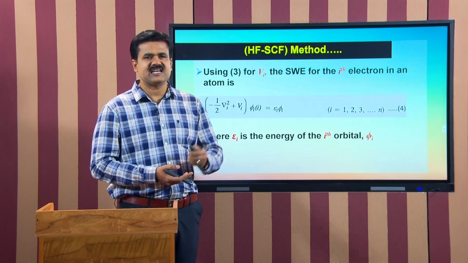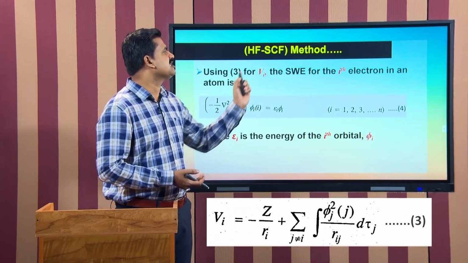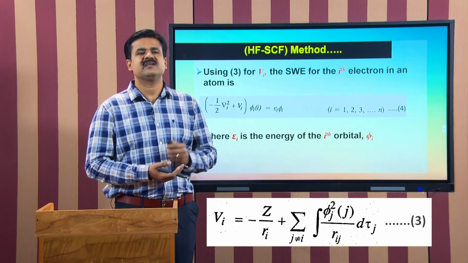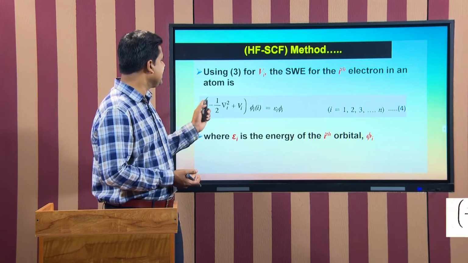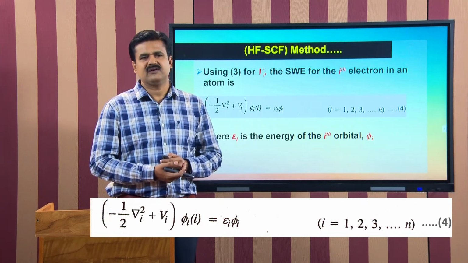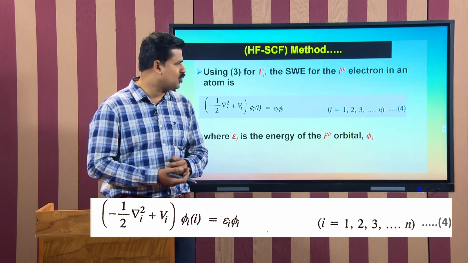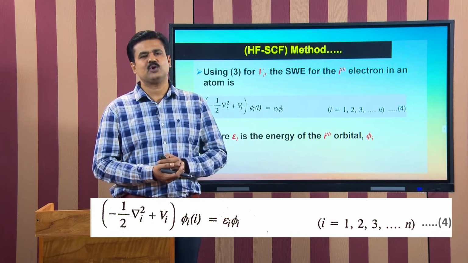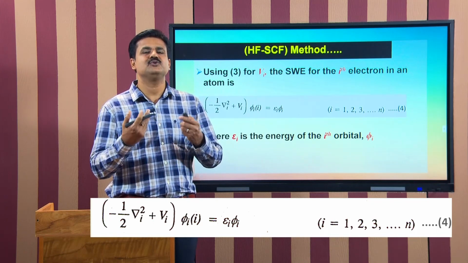Using equation 3 for Vi, the Schrodinger wave equation for the ith electron in an atom can be represented as minus half del i square plus Vi, operating on phi i, equal to epsilon i phi i, where i equals 1, 2, 3, etc. up to n.